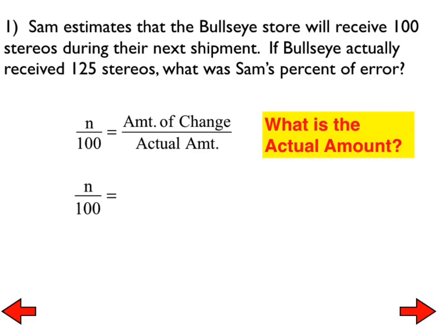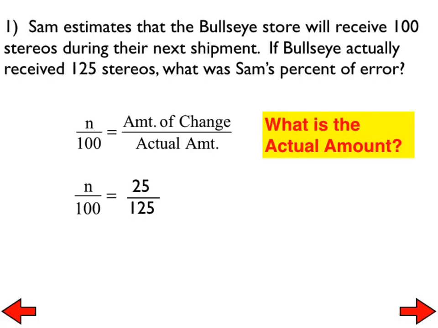N over 100 equals, what's the amount of change? 25. He was off by 25 stereos. And then the bottom number is actual amount. How many stereos was actually received? 125. Be careful, because if you use 100, now your answer is going to be wrong. Be really careful which number you're plugging into your setup, okay?